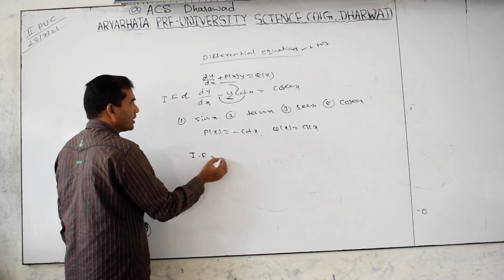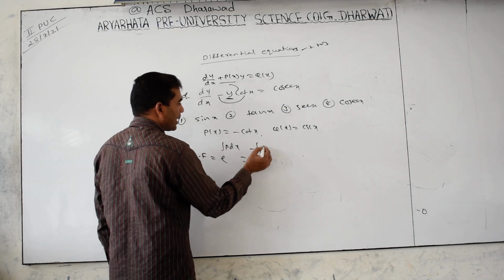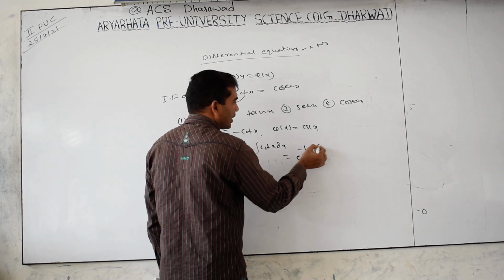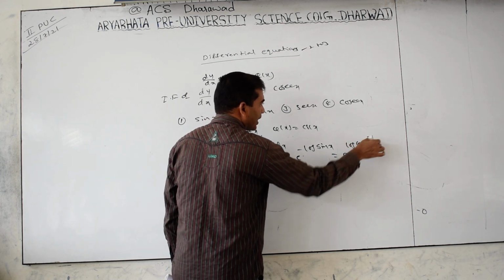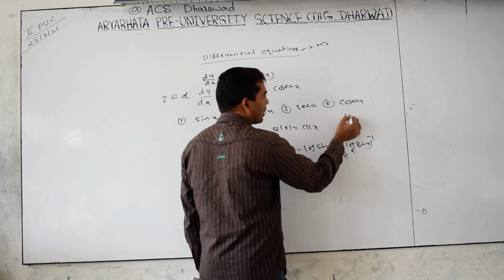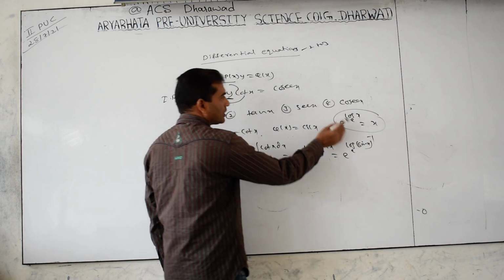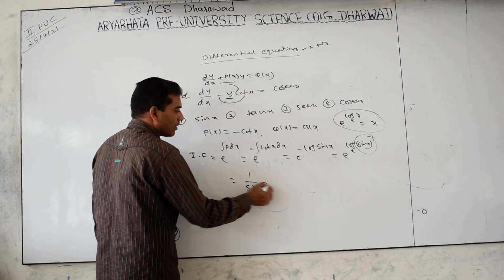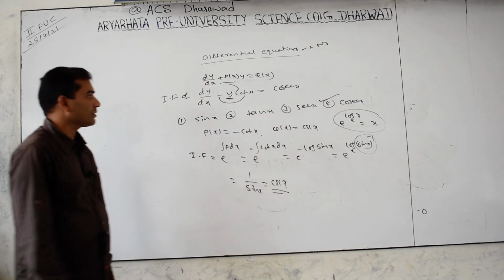Integrating factor is e power integration of p dx, e power integration of minus cot x dx, e power minus integration of cot x, which is log of sin x. e power log of sin x whole power minus 1. e power log x base e equals x. So by using this formula you will get this value. Sin x whole power minus 1 means 1 by sin x, and 1 by sin x is cosec x. This is the answer, the IF of this.